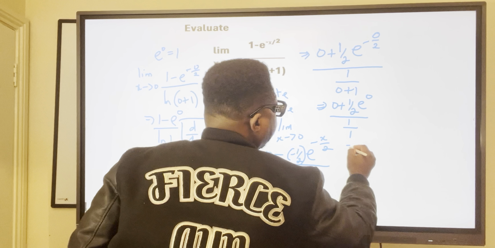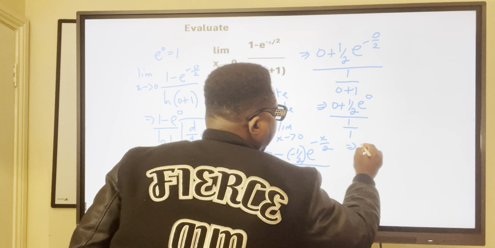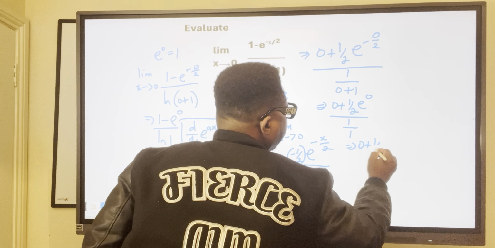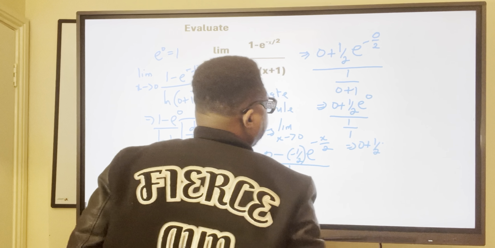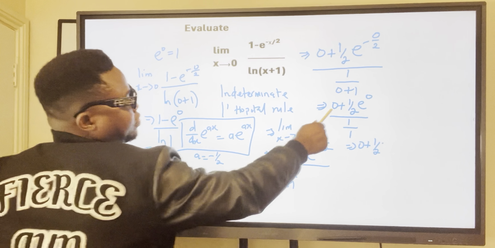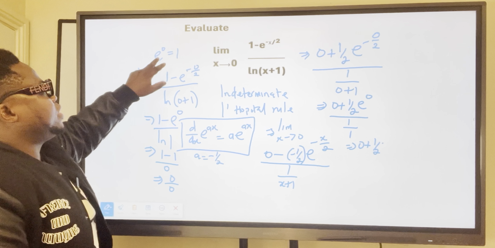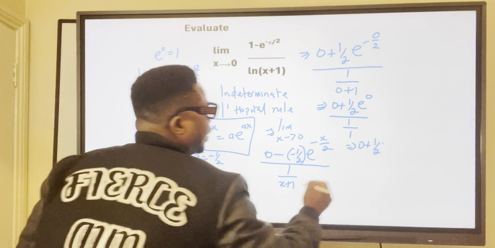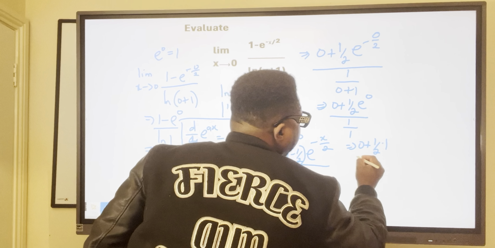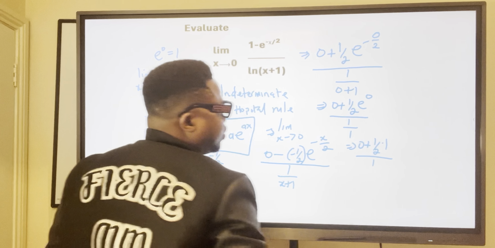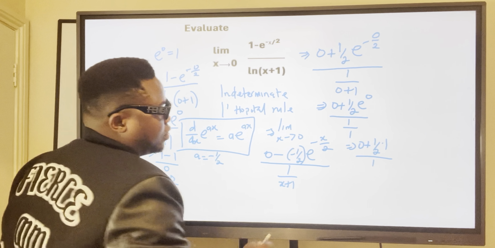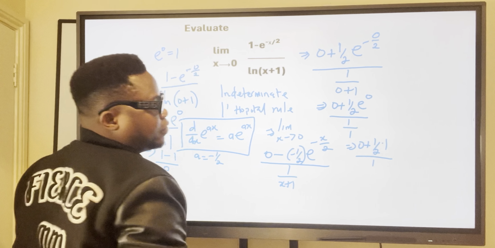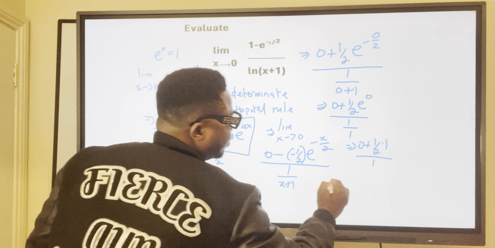So I'm going to have 0 plus half times e raised to the power of 0, and we said that anything raised to the power of 0 in mathematics is 1. So I'm going to multiply half by 1, divided by 1 over 1 which is 1. So going further, this is going to be 0 plus half, which is half, divided by 1, which is half.